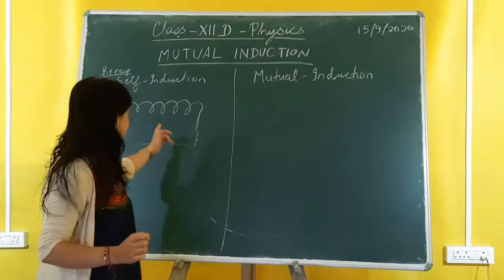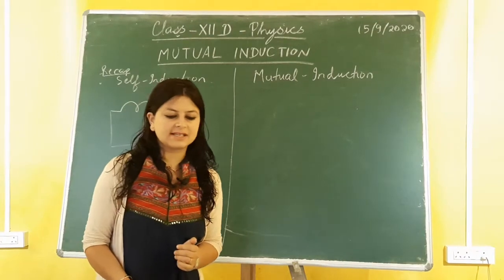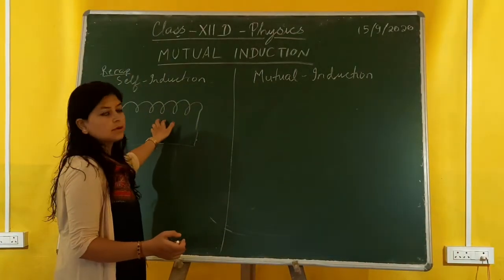So, due to one current, another current will be induced in the same coil. This is called self-induction, okay, and it occurs in one coil.